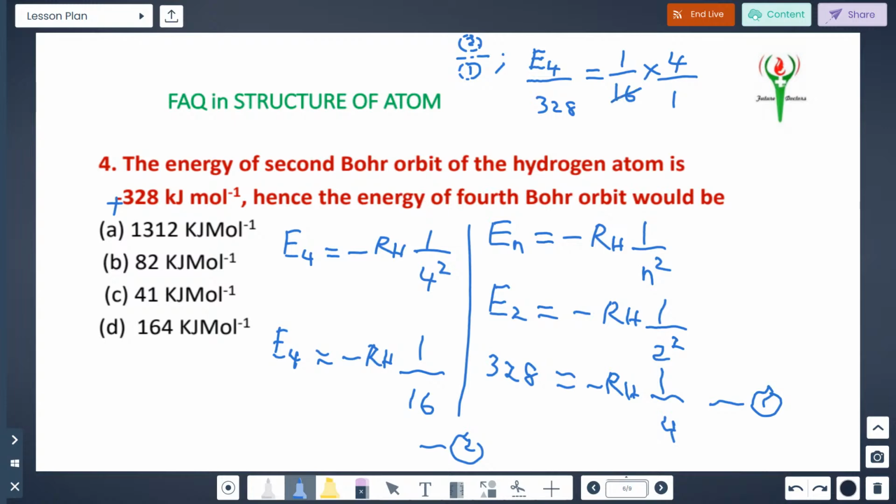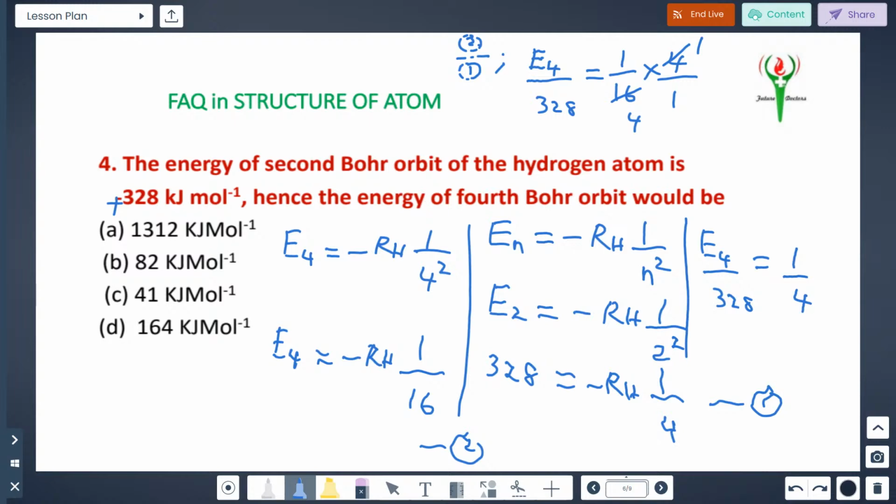It will be 1 times 4. Understood? Now I will write it here: E4 by 328 is equal to 1 by 4. Understood? It's just cross multiplication.